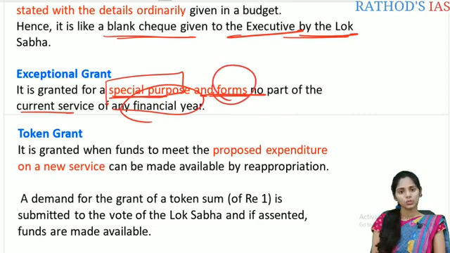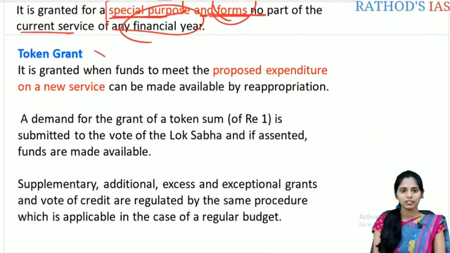And the next one is token grant. If you see this token grant, it is very, very important. So let us see some facts regarding this token grant. This token grant is mainly granted when the funds to meet the proposed expenditure on a new service can be made available by reappropriation.